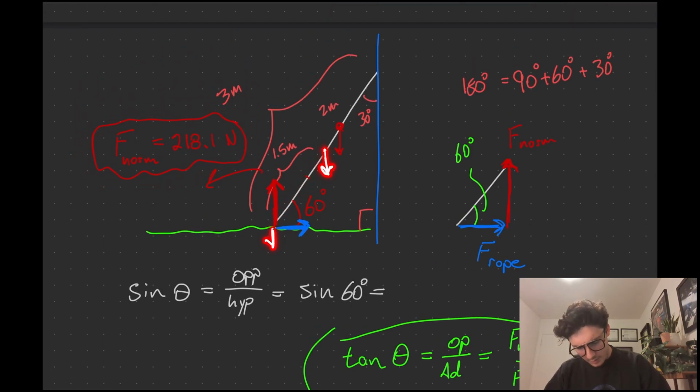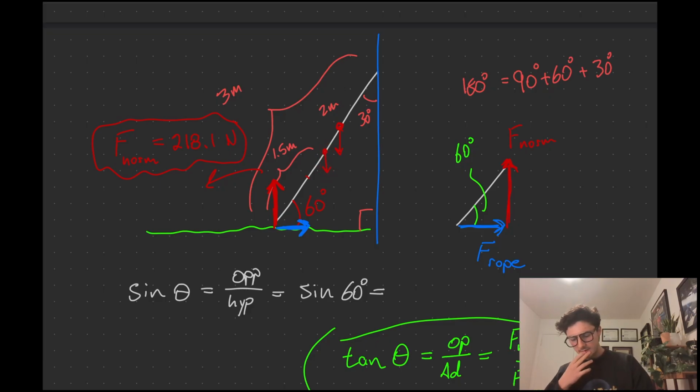And some of the weight is going here, which is changing the F norm, but also some of the weight is going up the ladder and pushing against the wall, which is then creating this F wall to increase. So depending on where the monkey goes up the ladder, if the monkey is sitting right here, almost all of his force is pushing down the ladder, which is then pushing on the wall. So a lot of the monkey's force is gonna be included in this F wall over here. So if the monkey is 2/3 of the way up, then F norm is not gonna be this, because before what I calculated F norm to be, well, I just thought the monkey was like right in the middle, no?